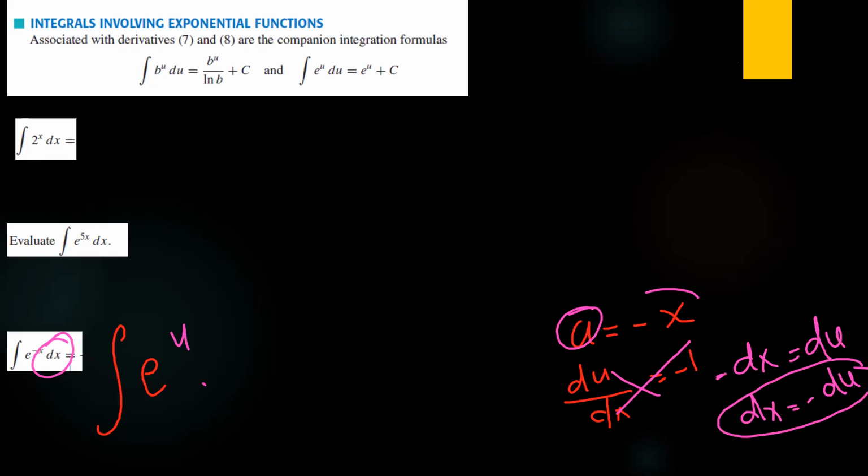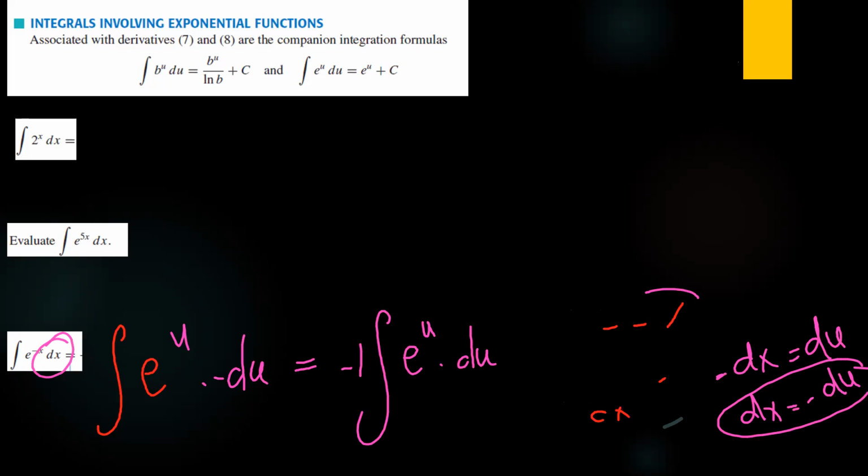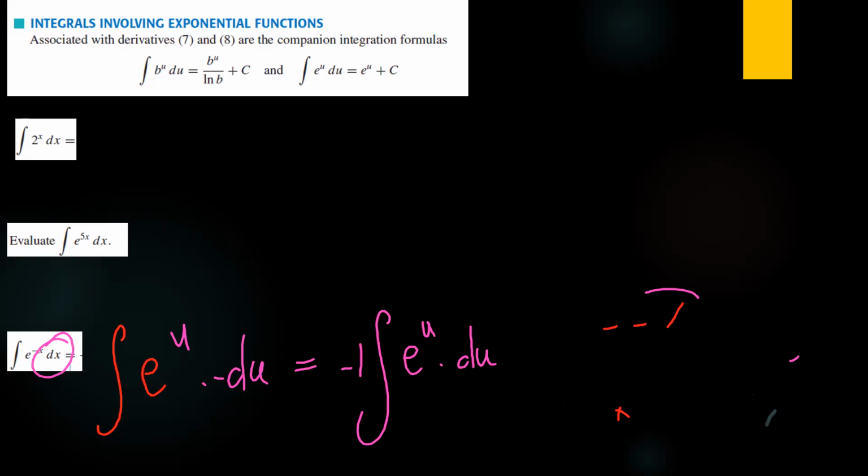I need now to replace dx. I replace it with negative du. Or you can say it's negative 1 times the integration of e to the power u du. Now, the integration of e to the power u is e to the power u plus c.